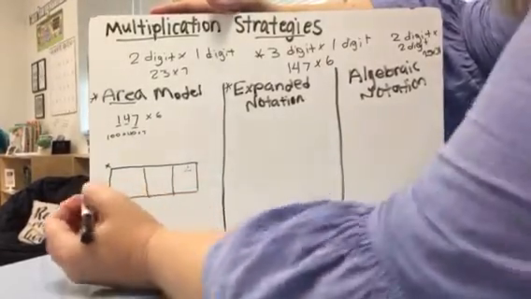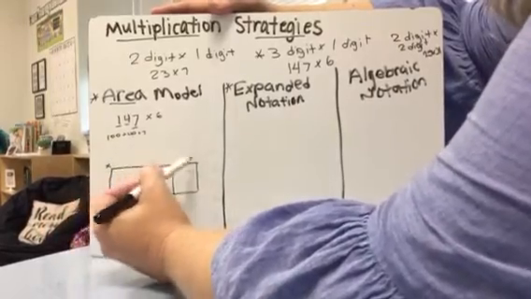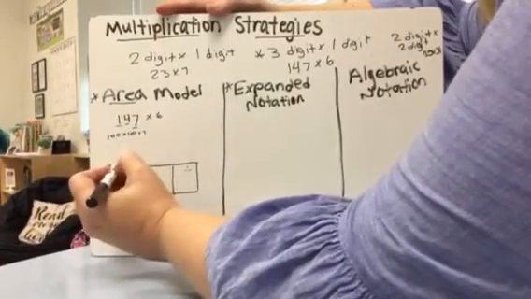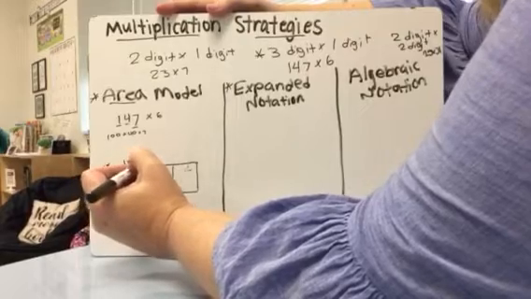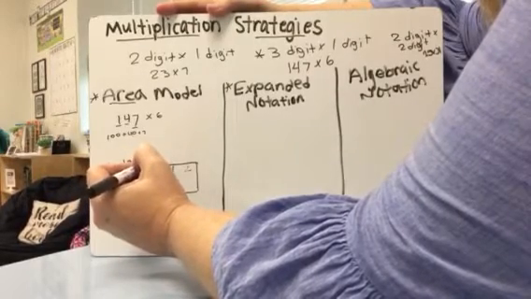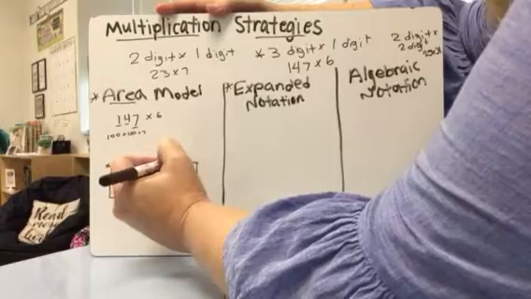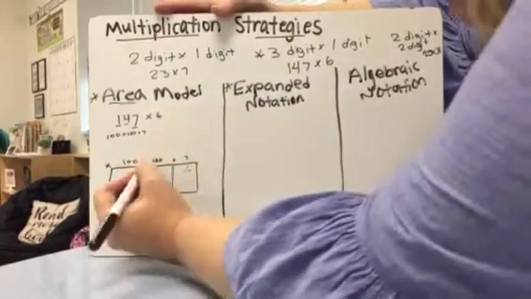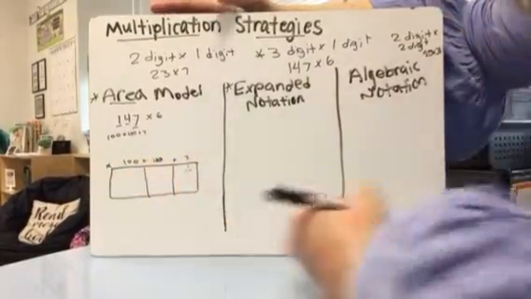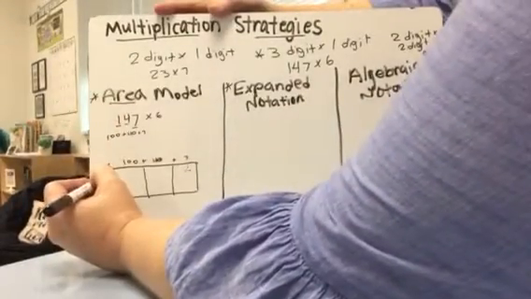And then we label those 3 sections according to how many hundreds, how many tens, and how many ones I have. So 100, oh, it's a little messy, 40 plus 7, and then the 6 goes down here.